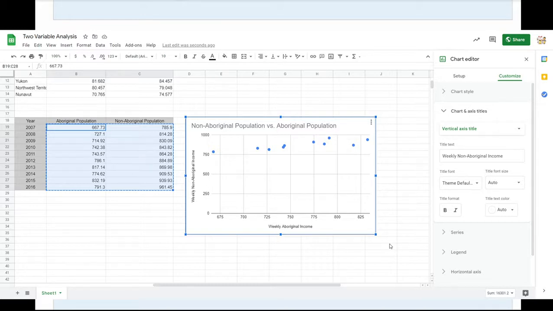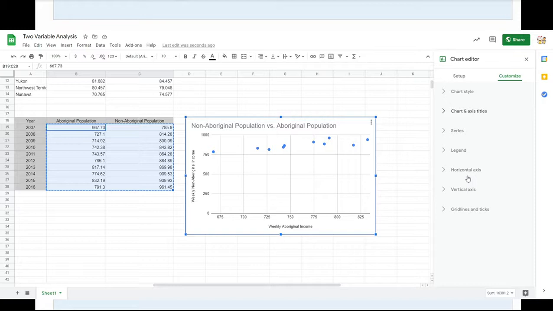It doesn't really matter which one you put where, at least in this case, because we might not have any idea of which one influences the other. We just want to see, is there a relationship? We'll worry about if one causes the other later. You may already have made the decision on which is which, but if not, that's okay.